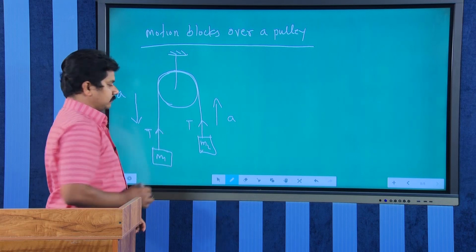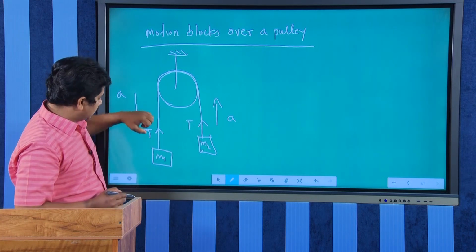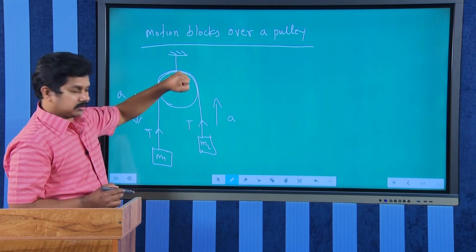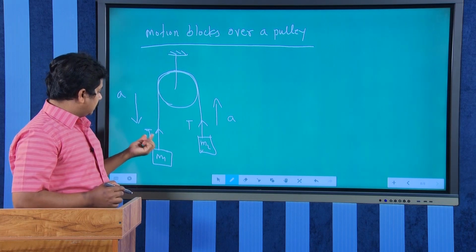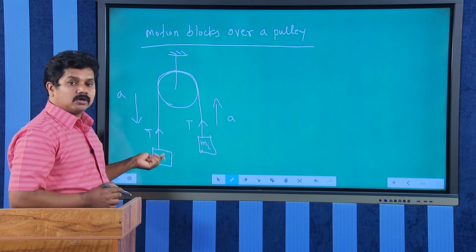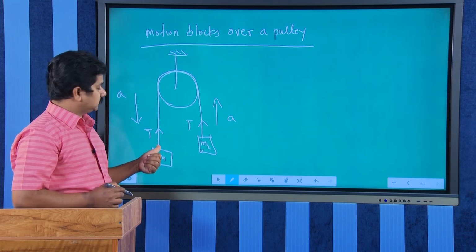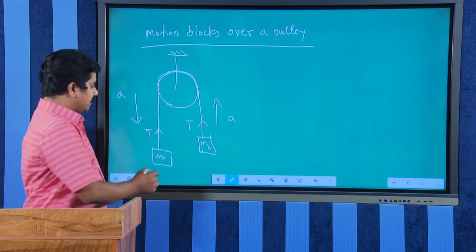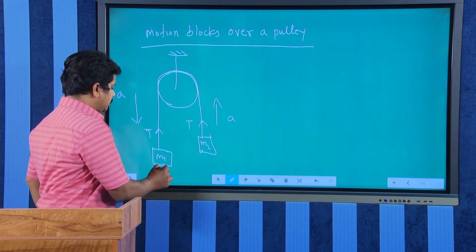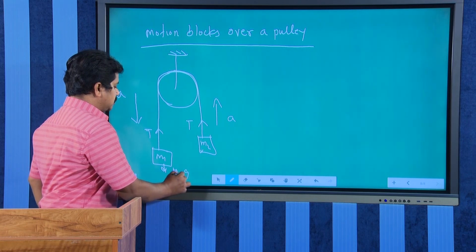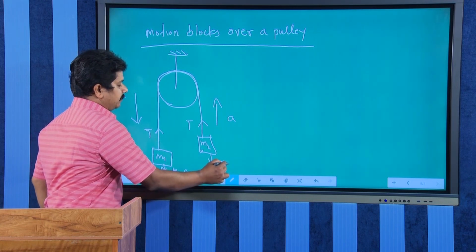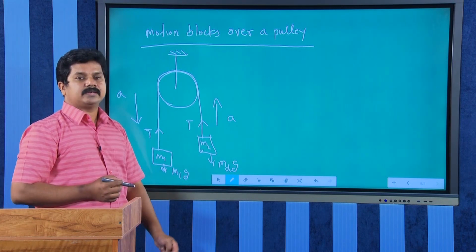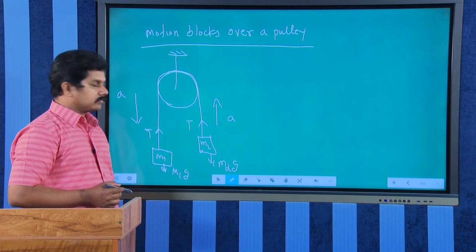So, the string will apply a force on this block up, and here also up. The direction of T shows the force acting on the block by the string. Now, definitely gravitational force mg will be acting down. So, m1g here, and m2g here, always vertically downward.